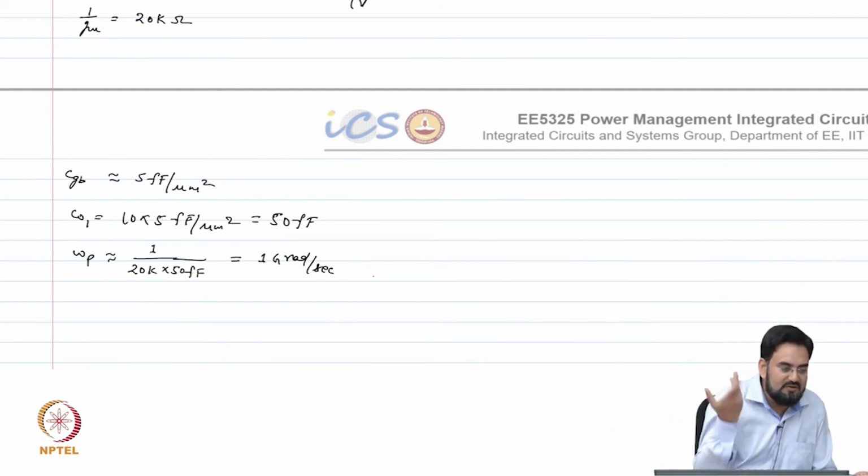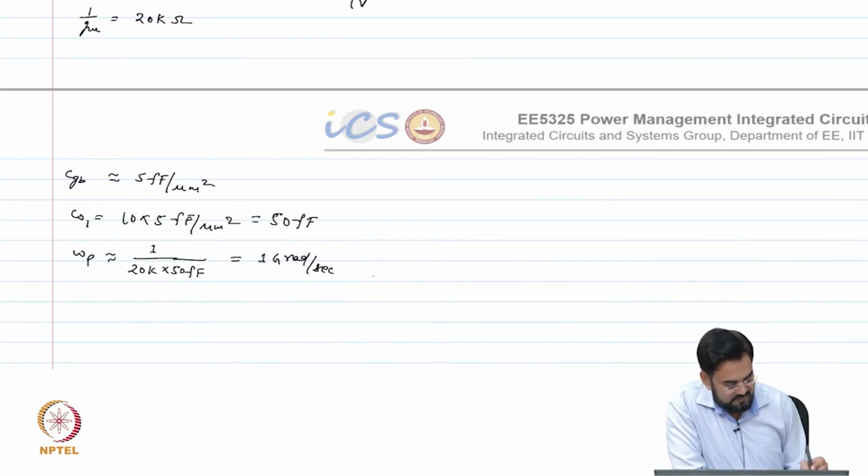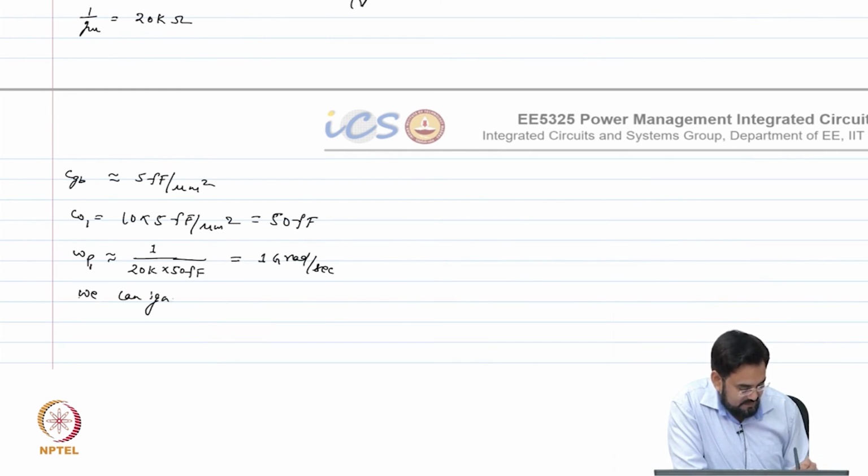Your UGB is not going to be 1 giga for sure, it will be order of tens, maximum tens of megahertz, not more than that. So, we can ignore omega P1.